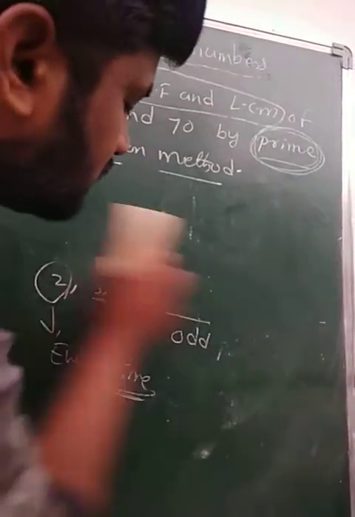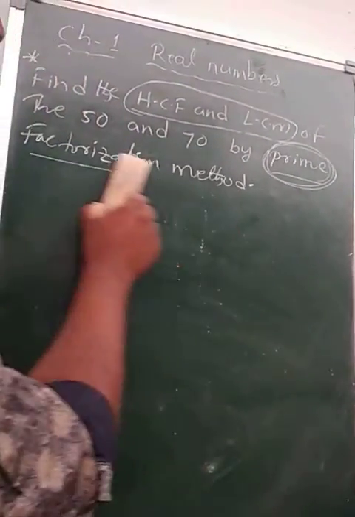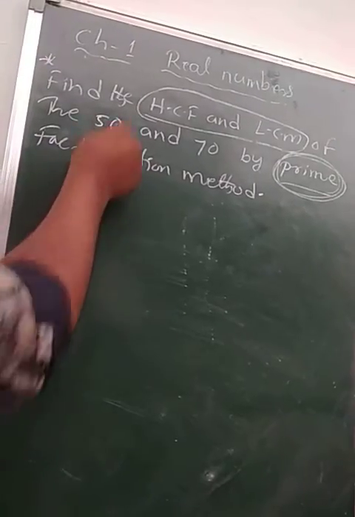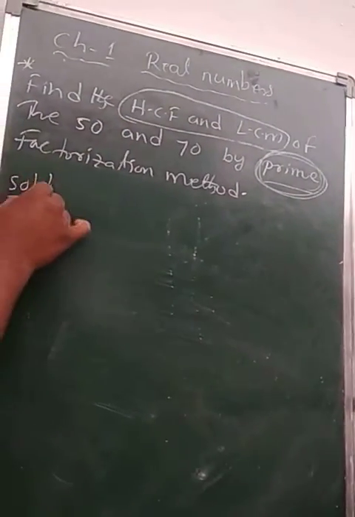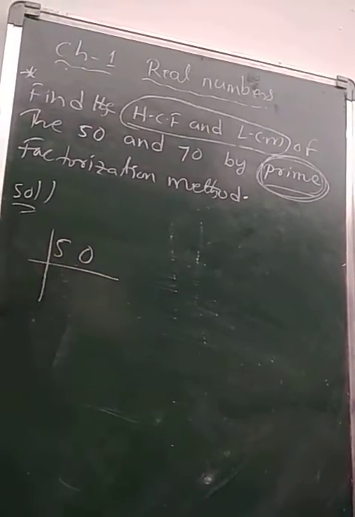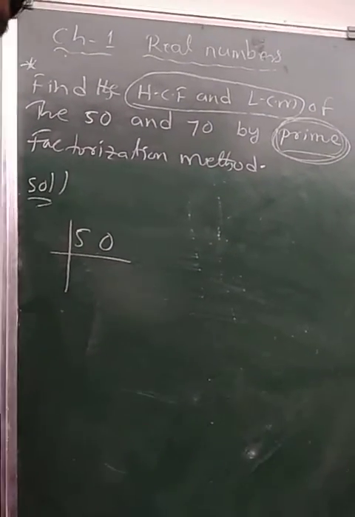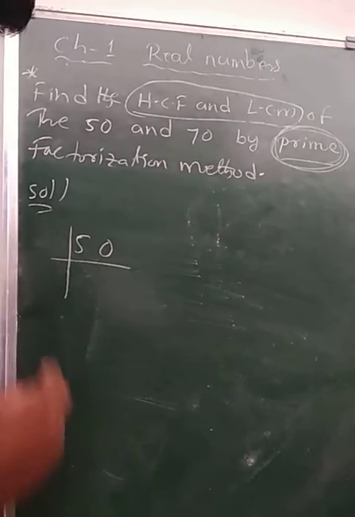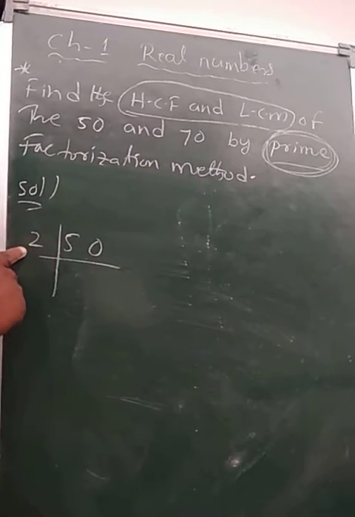Okay. See here, I'm taking the number 50. I'm finding the prime factors for 50. 2 is a prime number.